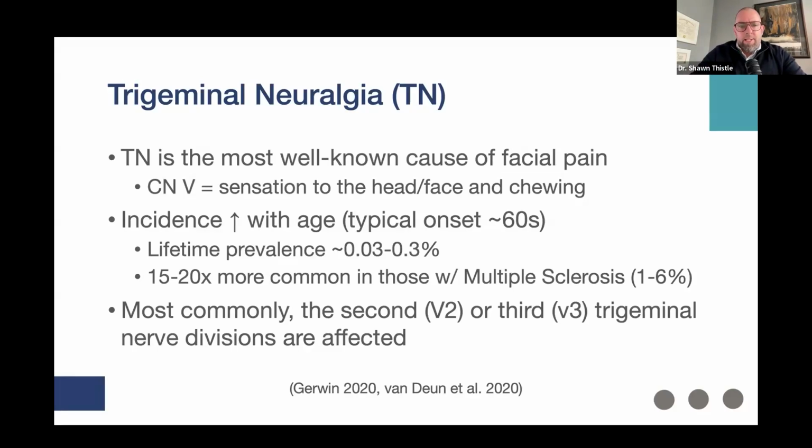The incidence of trigeminal neuralgia increases with age, typically around the 60s or the 6th decade. There's a lifetime prevalence up to 0.3%, recognizing that that kind of epidemiology is really hard to peg down, but it is in the literature in multiple places that trigeminal neuralgia is far more common in those with multiple sclerosis, and about 1 to 6% of MS patients end up with trigeminal neuralgia at some point.